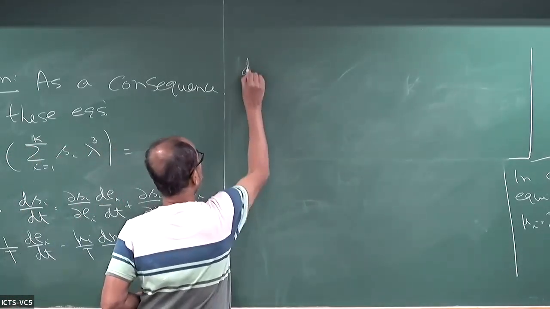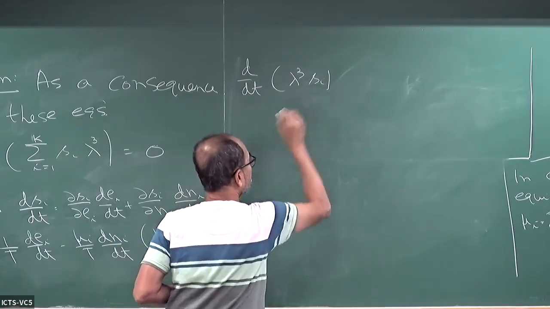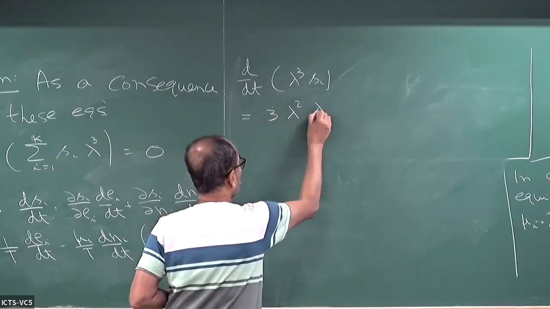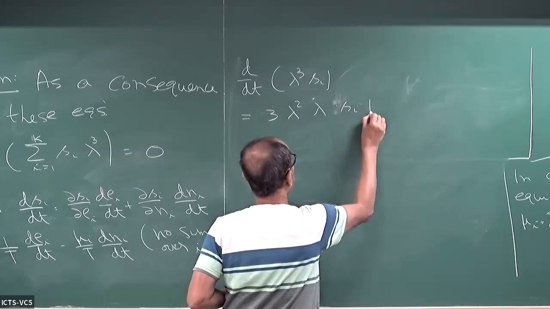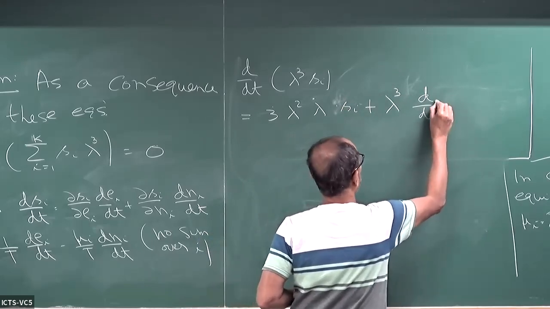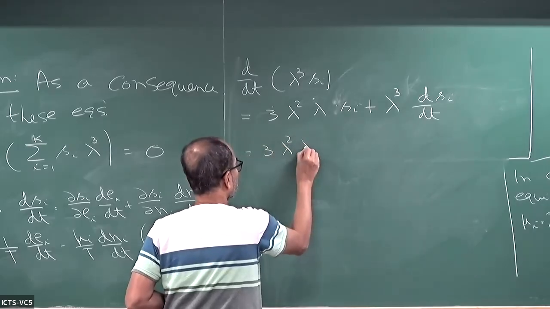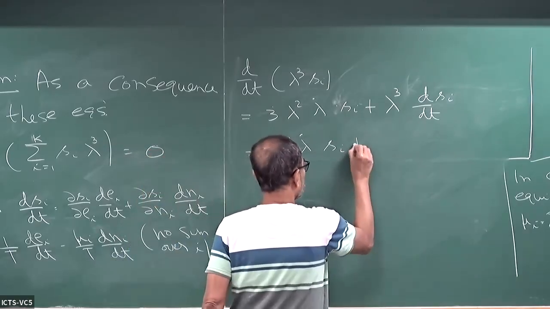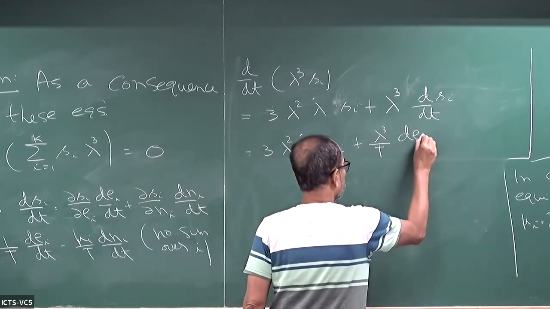So we get d dt of lambda cube Si as 3 lambda square lambda dot Si plus lambda cube d dt of Si, and there I use plus lambda cube over T d rho I dt.